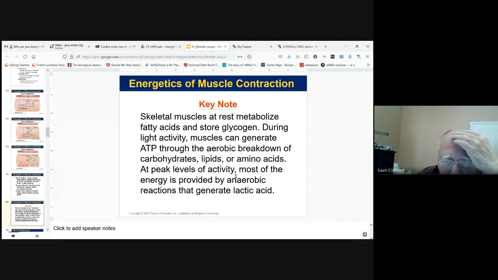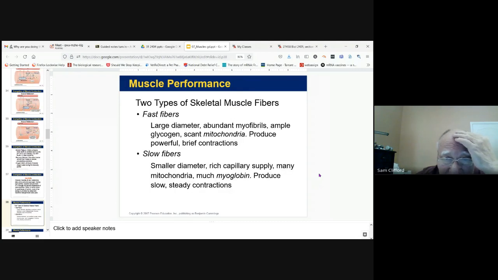At peak activity, most energy is provided without oxygen. This is a very fast process, produces much fewer ATPs, but overall the muscle at the end needs that oxygen to get rid of the lactate and to generate more ATP and creatine phosphate.